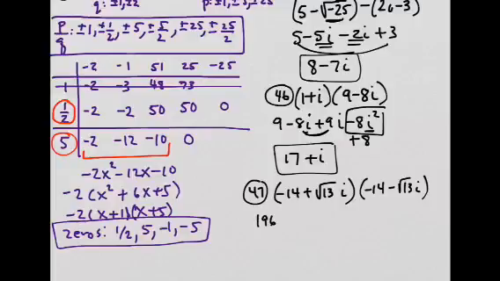And then plus 14 radical 13i, and then minus 14 radical 13i, and then minus square root of 169 i squared. Okay? And as you can see, the two middle terms right here, these cancel out, and that's what a conjugate is supposed to do.